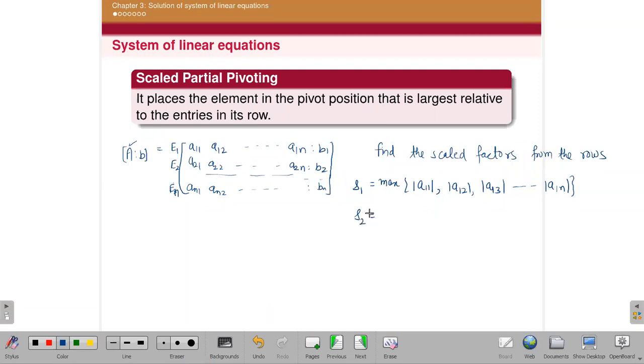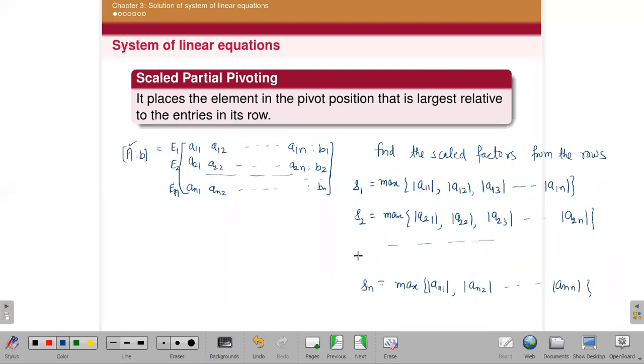Then we pick up the largest element from the second row, denoted by S2, the maximum of A21, A22, A23, and so on up to A2n. This way you get n elements, up to the maximum of An1, An2, and so on up to Ann.